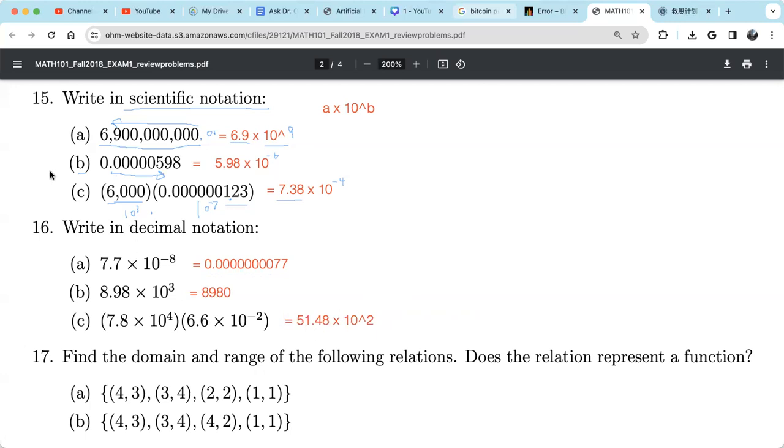51 is too big, right? 51 is bigger than 10. So no good. We want to rewrite 51.48 as 5.148 multiplied by 10, then multiply by 10 raised by 2.